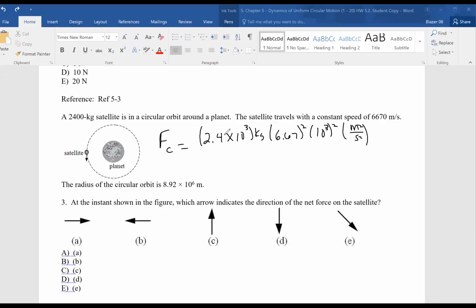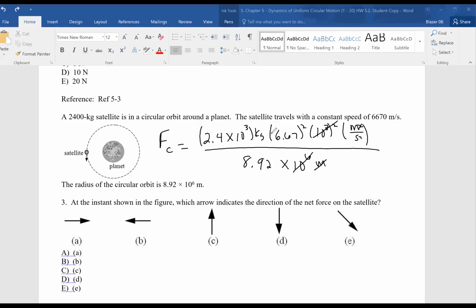And then all of that, mv squared over r, and r is 8.92 times 10 to the 6 meters. So right away, all of this is gone. And then this meter cancels one of those meters.